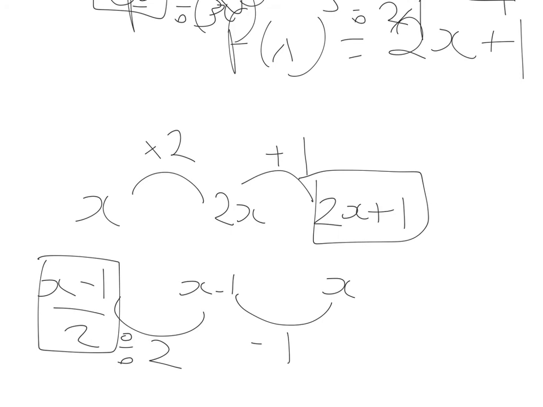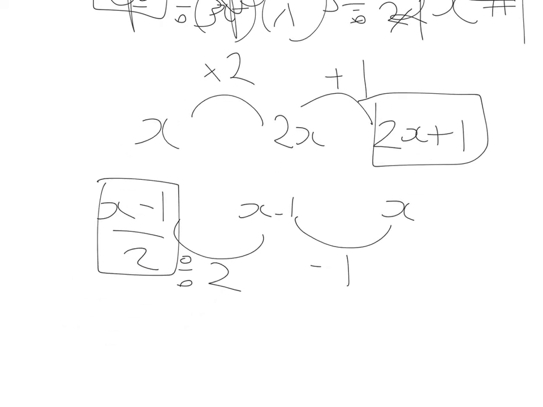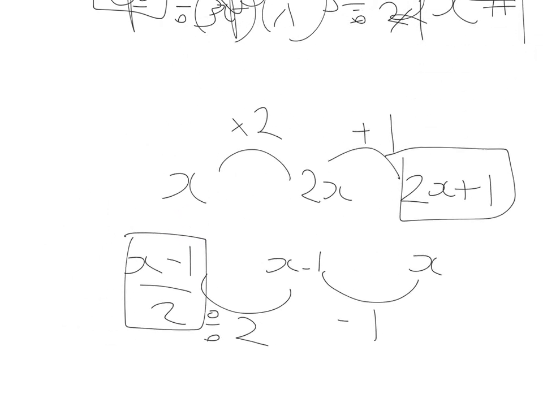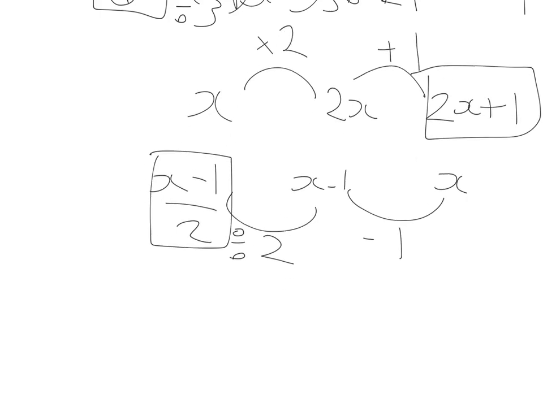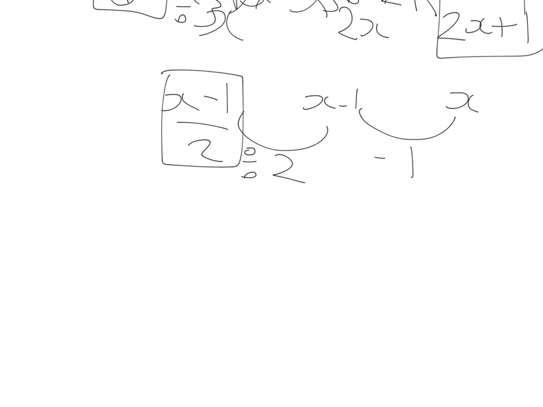So if I call this one f of x, 2x plus 1, and this one g of x, (x minus 1) over 2, I'm going to see that f of g of x will be equal to x. So I'm going to try that just now. So f of g of x is going to be f of (x minus 1) over 2.